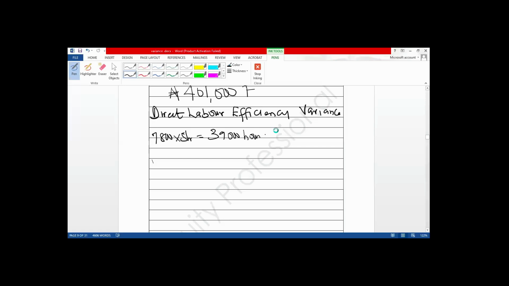Actual labor hours used, 40,100. That means the employees are not efficient. Multiply this by the standard labor rate per hour, 200 naira.